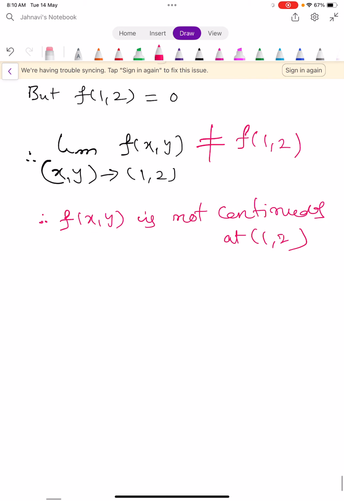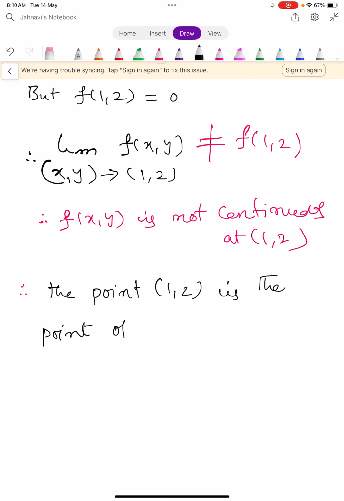Here the point 1 comma 2 is known as the point of discontinuity of the function. That's it.